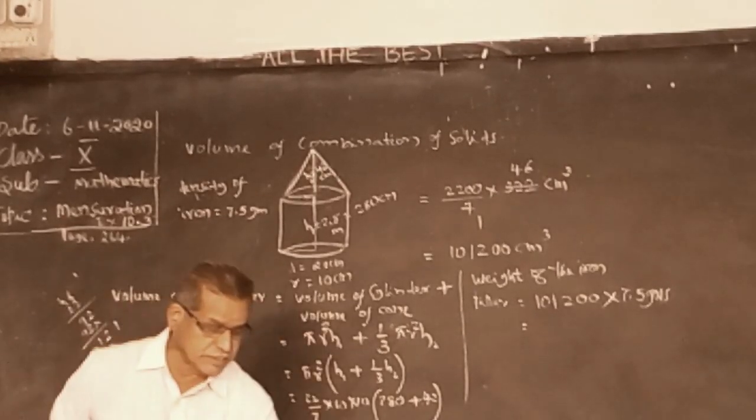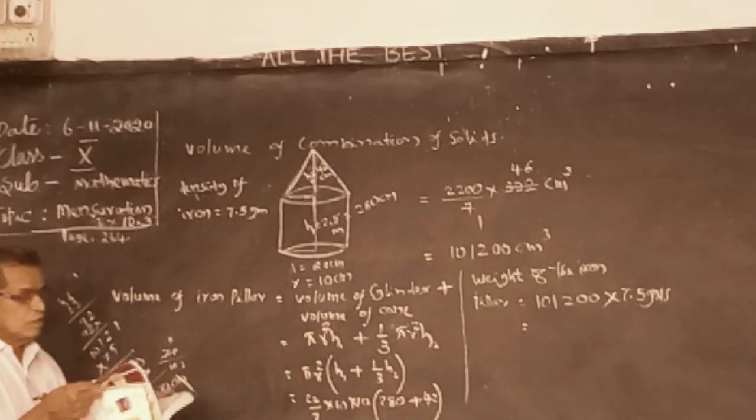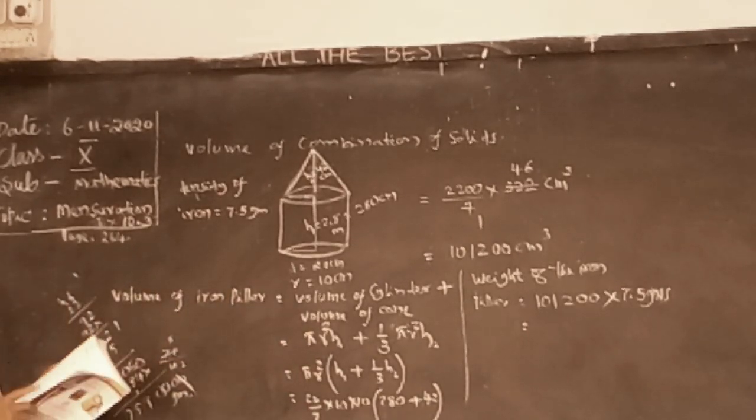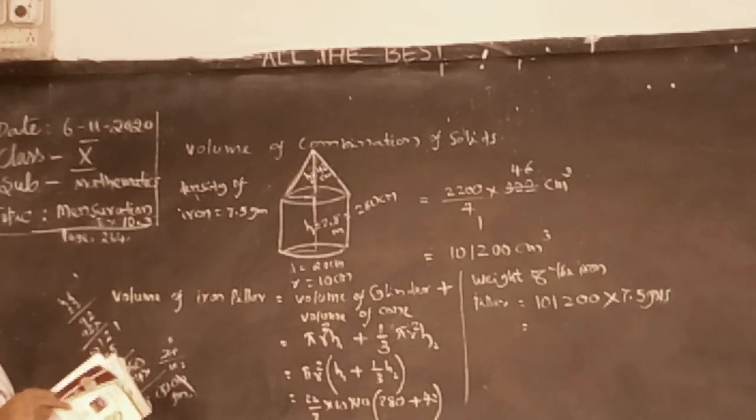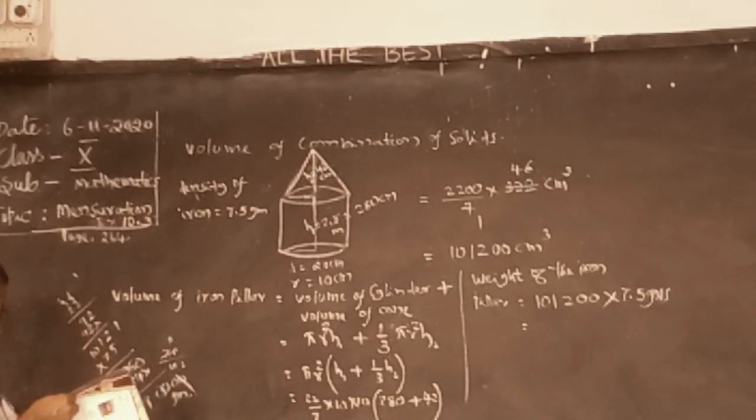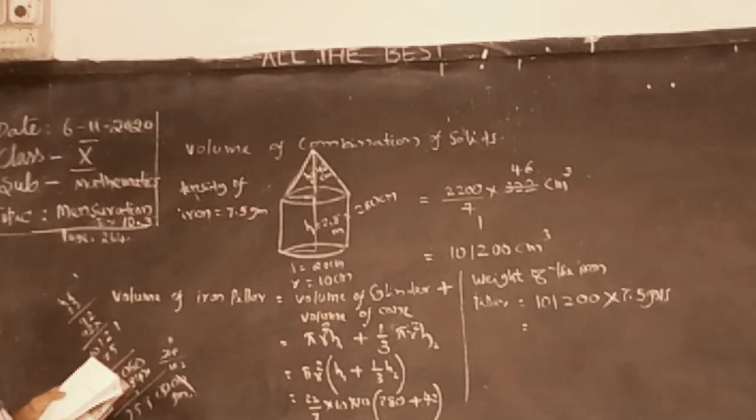Now see the multiplication, go on the first side, 693 grams, kgs.